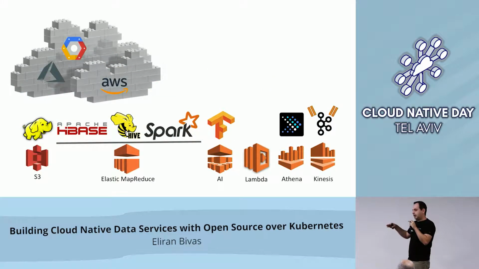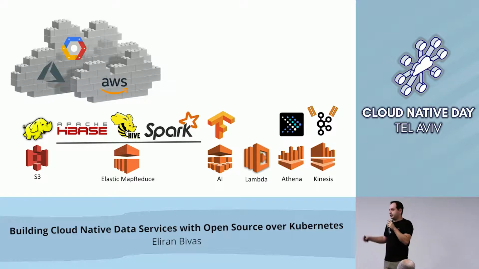So if you look at the services mesh from Amazon, which is the leading cloud provider, we see this data offering, these common services. Of course, this is Amazon. Azure has something identical, and so does Google. First, S3, the object store.